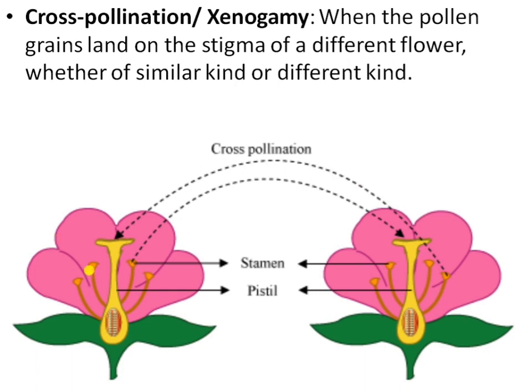When pollen of a flower lands on the stigma of another flower of the same species of plant, that is cross-pollination. It requires external agencies like wind, water, insects and birds. It's also known as xenogamy.